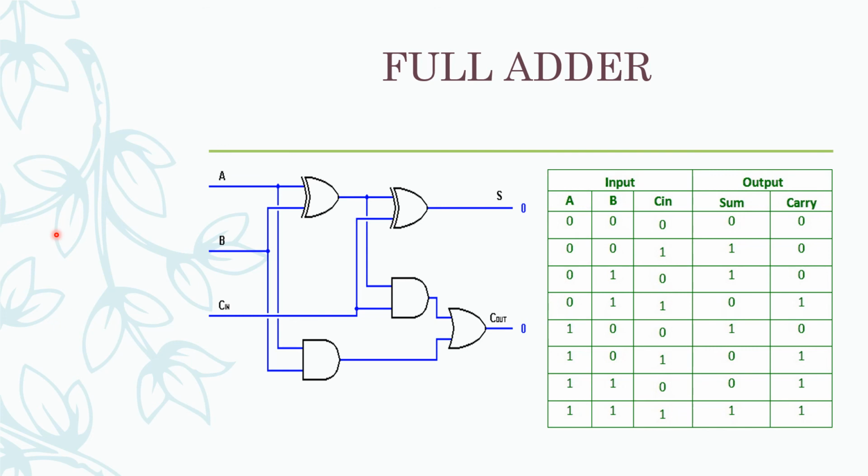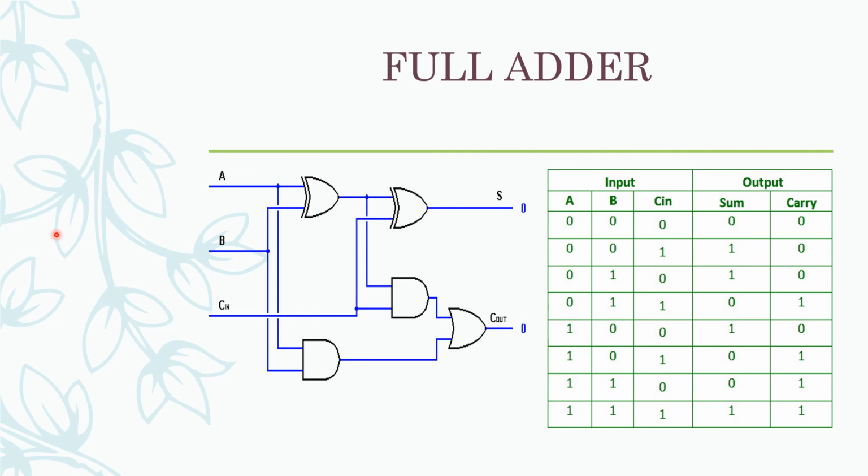So by using that diagram, we can easily simplify this truth table. What we had? We had OR, AND, NOT, and one AND. So simply this will be a half adder. So in the full adder, one more half adder is added, isn't it?